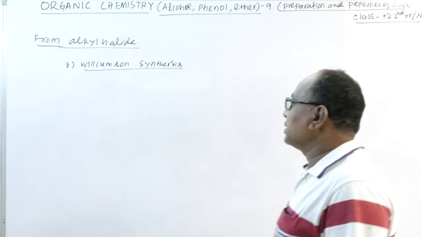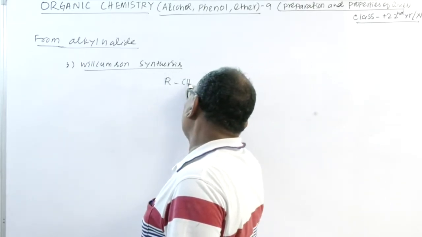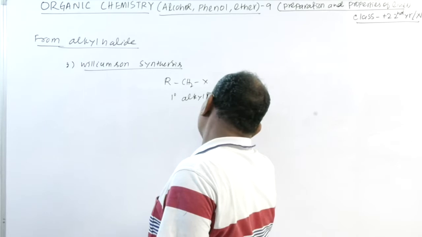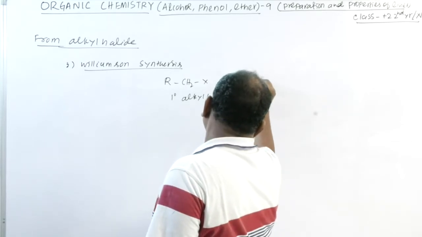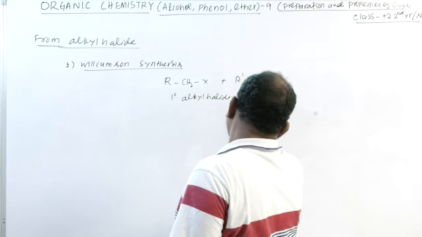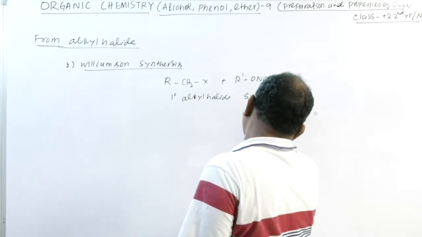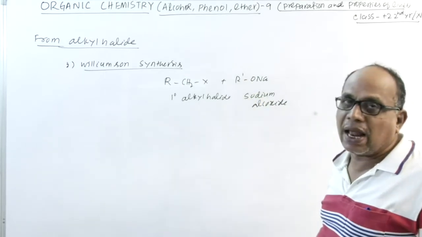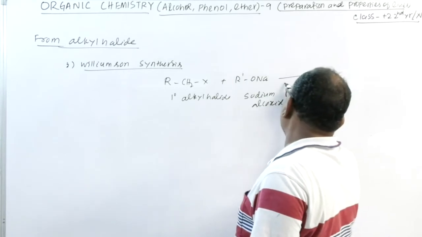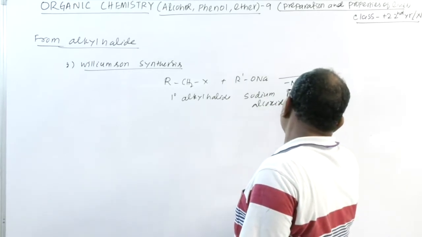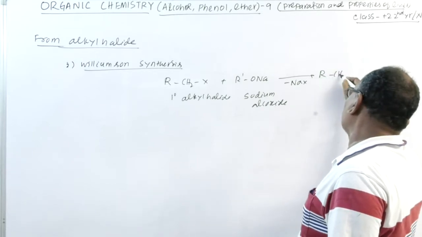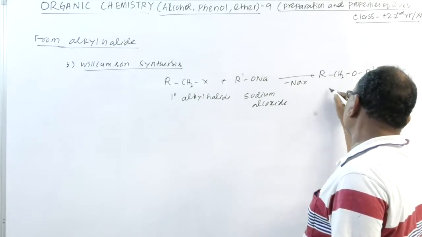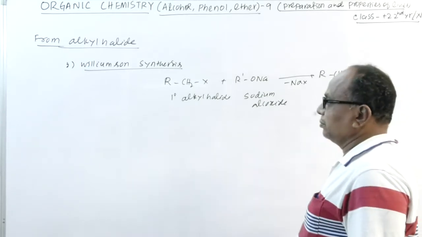In Williamson synthesis, the alkyl halide, this is your primary alkyl halide, reacts with sodium alkoxide, RONa, losing a molecule of NaX. It becomes RCH2OR. This is your ether.